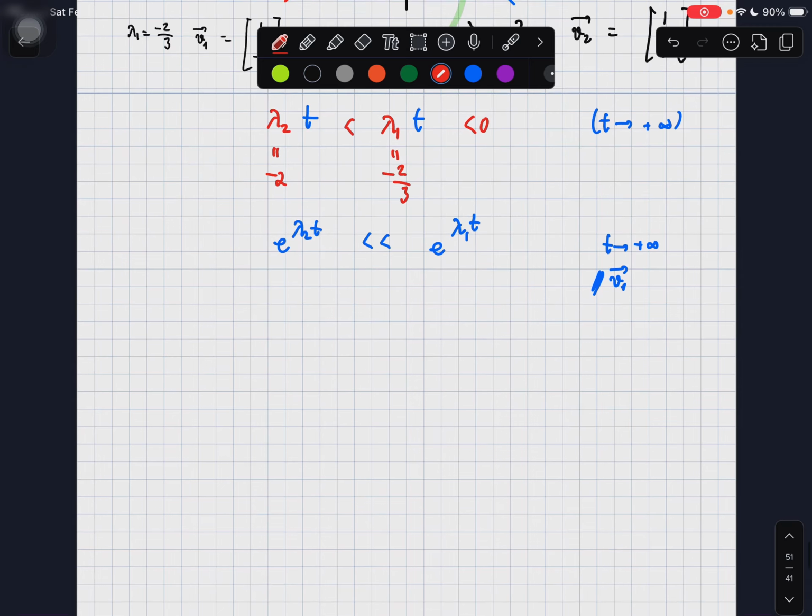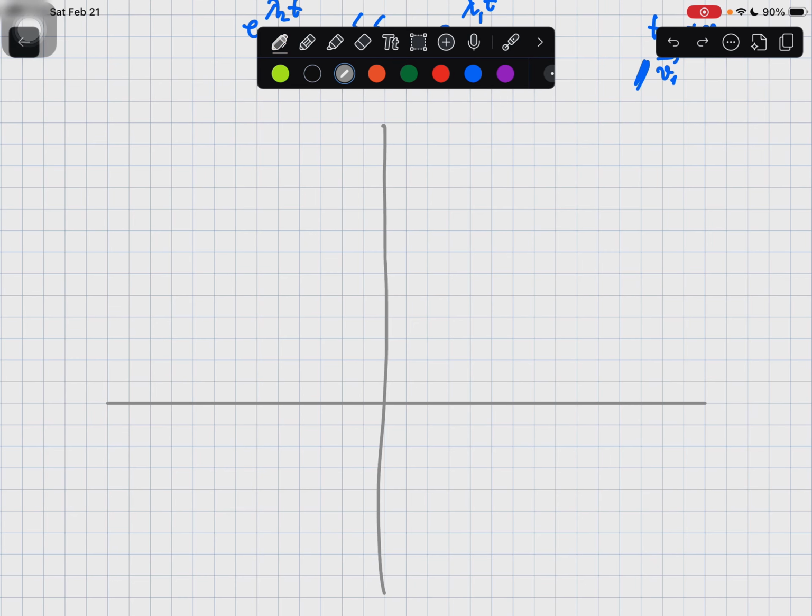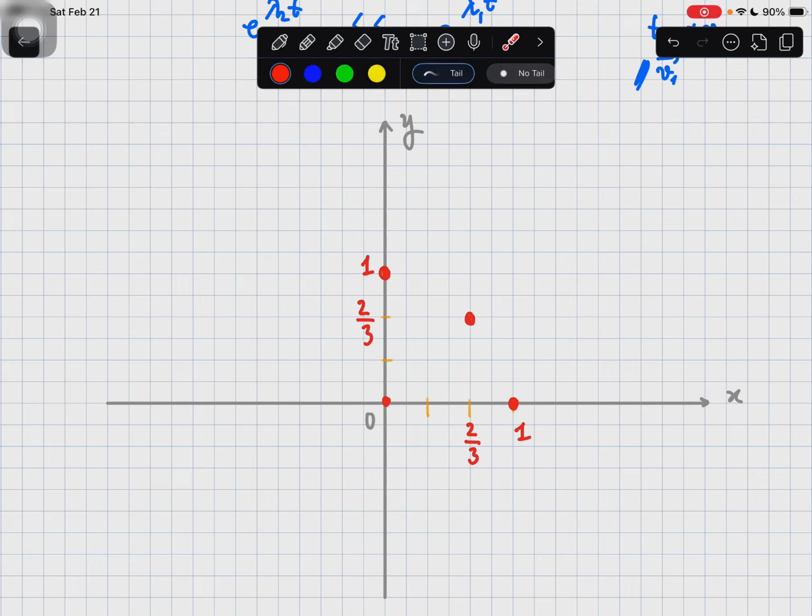Now let's draw it together. X, population Y, origin 1, 2 over 3. So we have 4 critical points: 0, 0; 1, 0; 0, 1; and 2 over 3, 2 over 3.